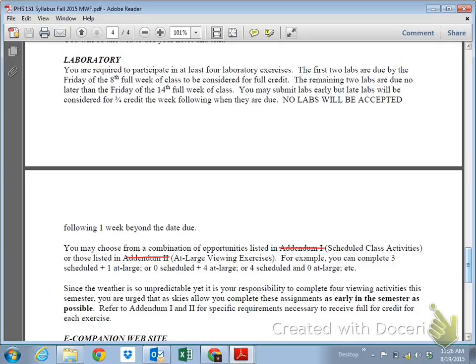It is correct that they are called scheduled labs and at-large labs, so I think that will work. It's a single document. And then the paragraph under that, it says refer to Addendum 1, Addendum 2. Of course, that goes out. And if you just draw a line through that and write single document, that should do it.